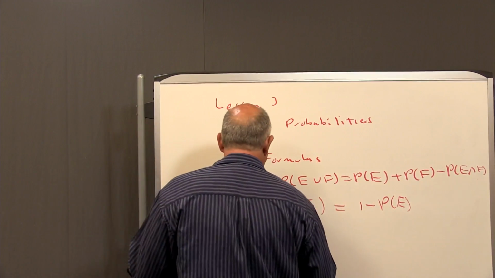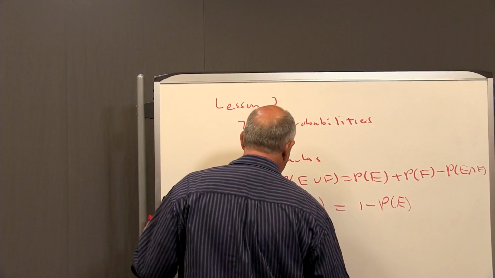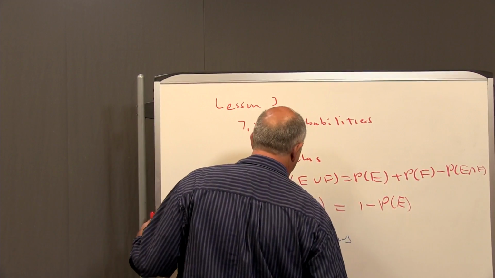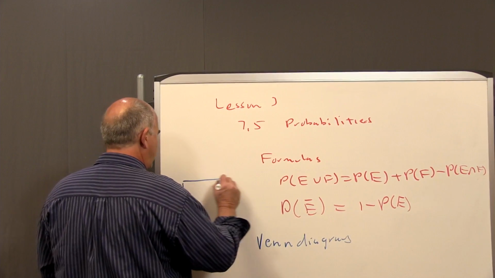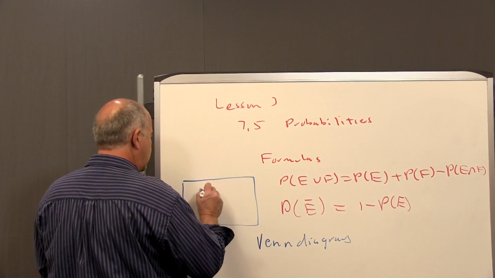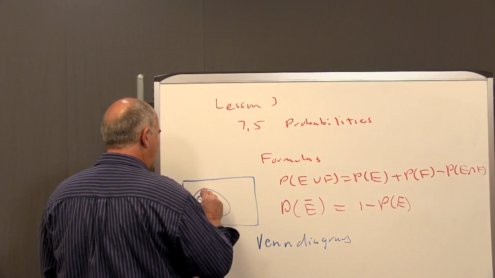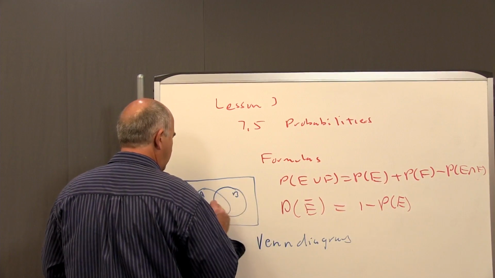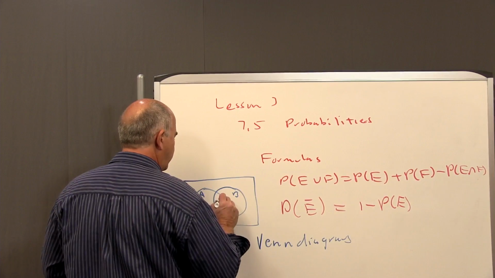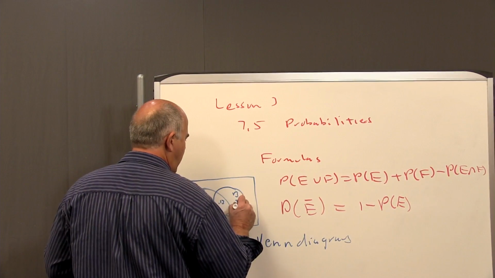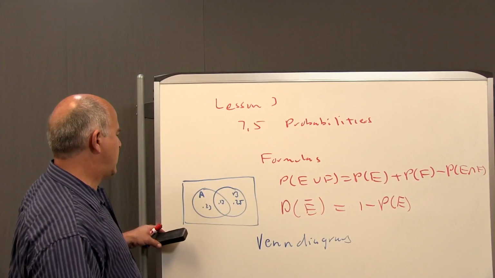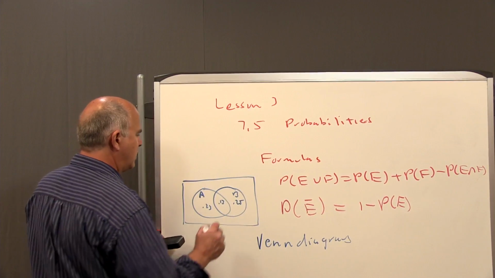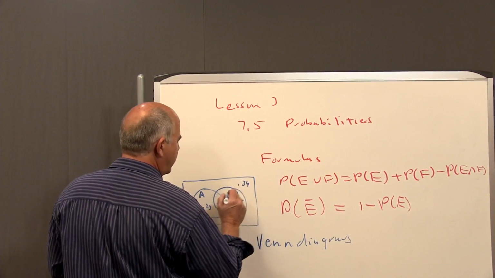We also use Venn diagrams for probability. So if you had a Venn diagram that looks like this, and you might have had to create this yourself, 0.23, 0.13, 0.25, and 0.39.